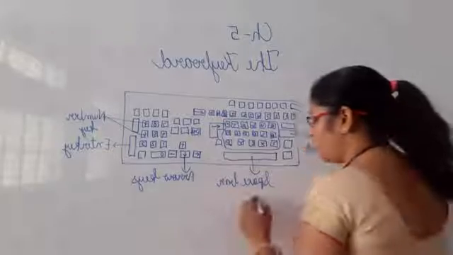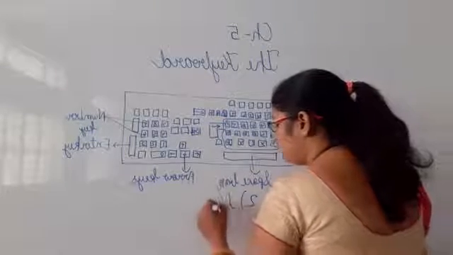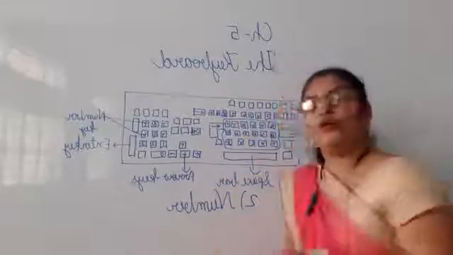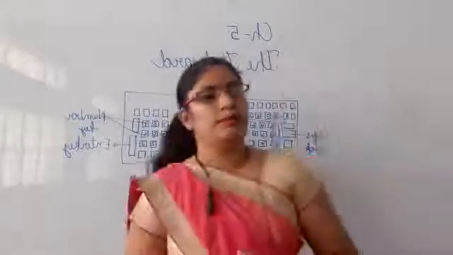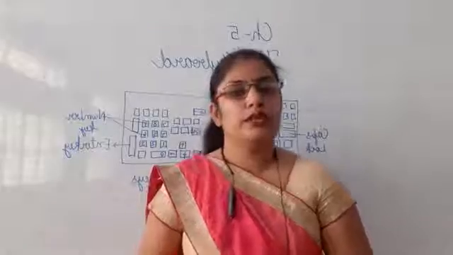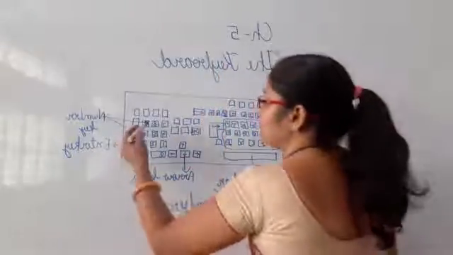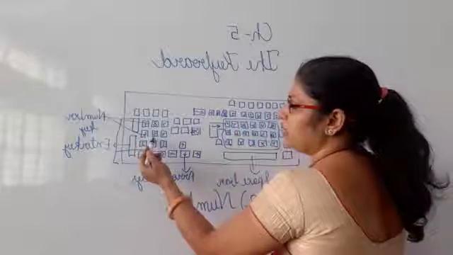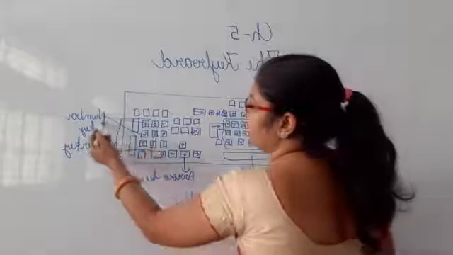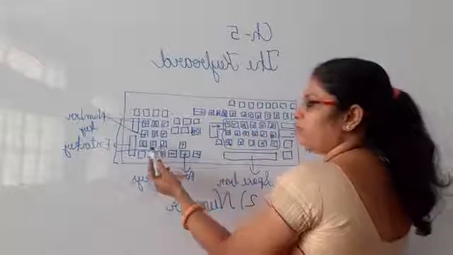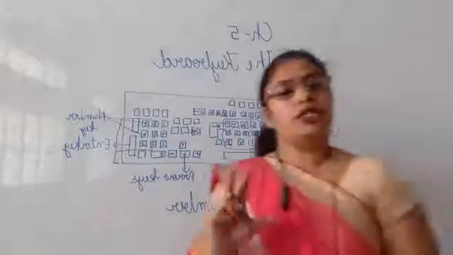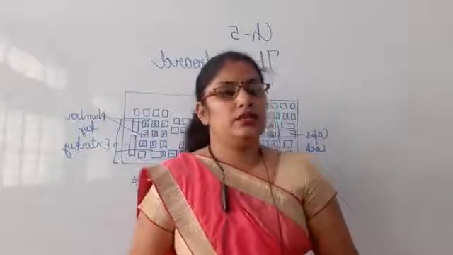If I have to type numbers on the computer, then I will use the number keys. These are the number keys 1, 2, 3, 4, 5, 6, 7, 8, 9 and 0. These are the 10 number keys on the keyboard.